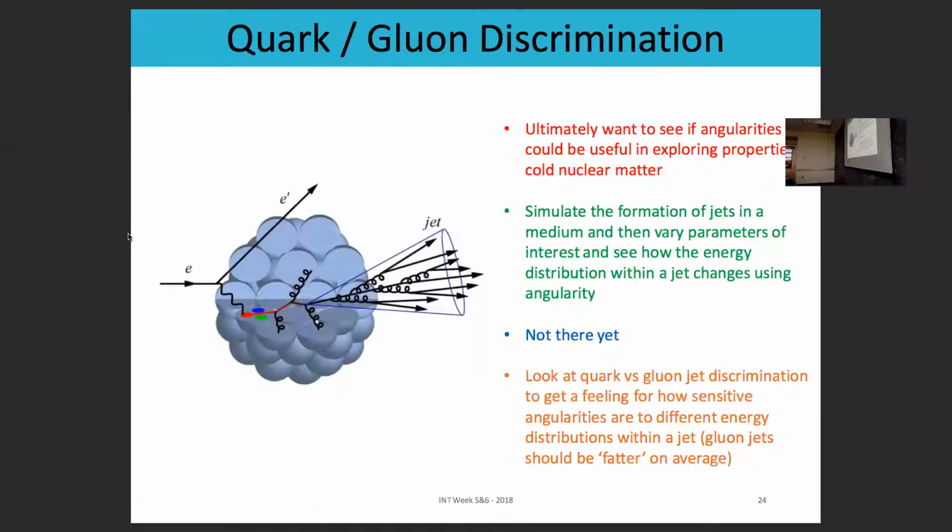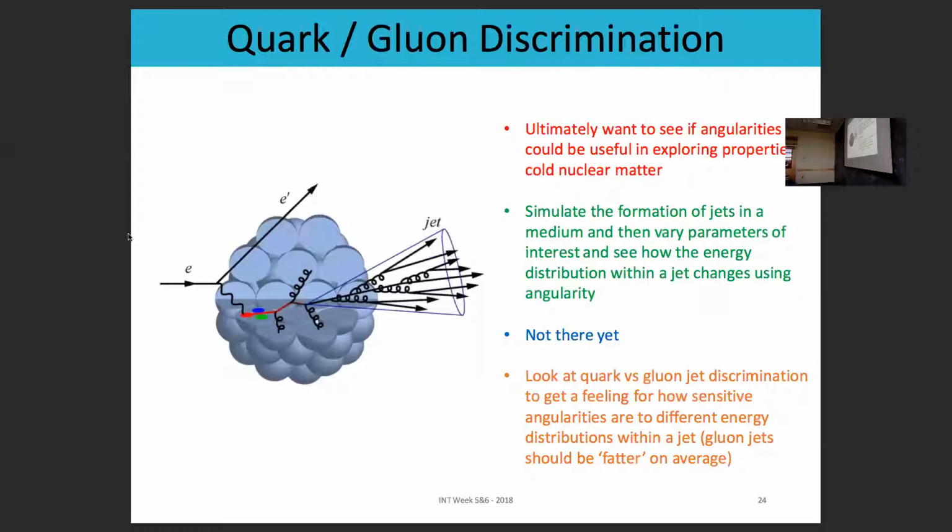Like I said, to start off, we haven't actually simulated the propagation through nuclear matter or done the jet finding there. We just haven't had time to do it. But as a way to see if this is sensitive at all to different radiation patterns, I looked at quark-gluon discrimination.